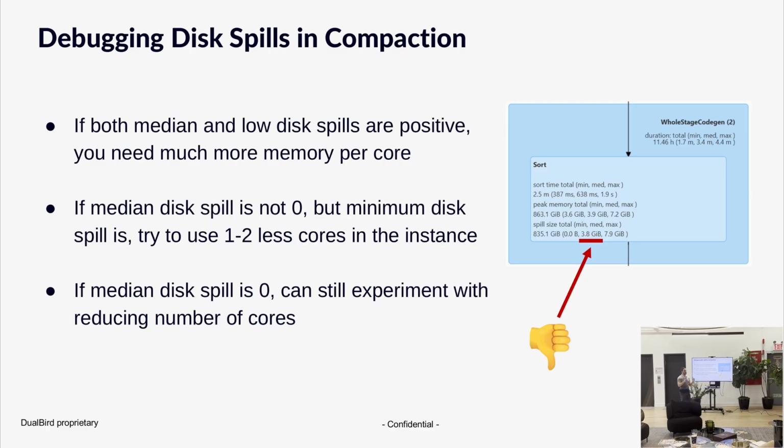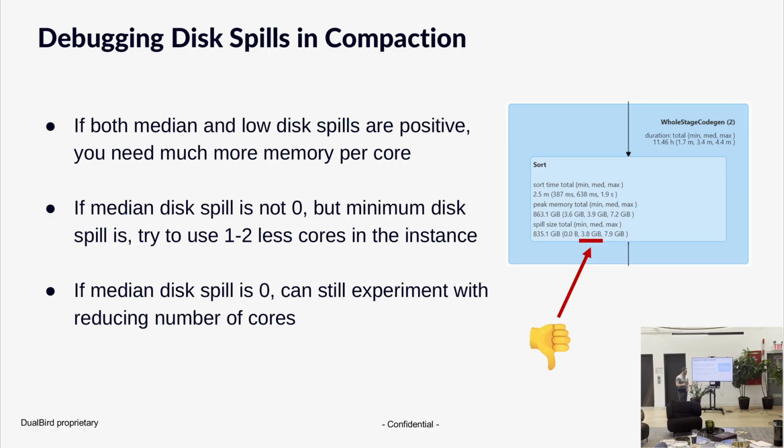So you can look at that, and specifically on the sort operation, that is the one that is most likely to spill. The sort operation that is after the shuffle, you can look at that and see if your minimum partition is non-zero, meaning that even your smallest partition spills, it means that you just don't have nearly enough memory per core to avoid spilling.